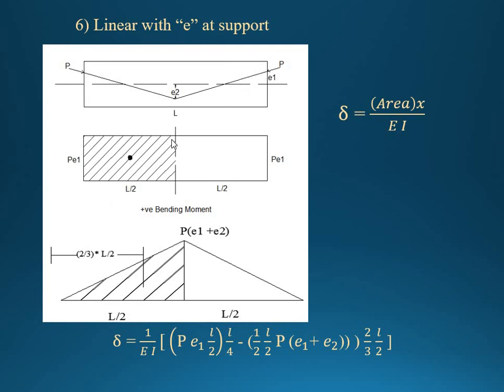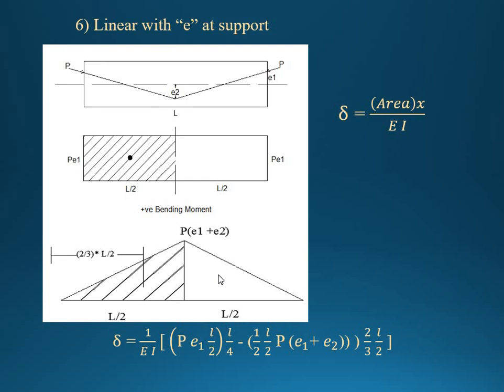The bending moment variation is a rectangle, P into E1, and the length is L by 2. The next diagram is for this variation. It is present below the neutral axis, so it is a negative bending moment variation, or directly you can write minus inside this triangle.